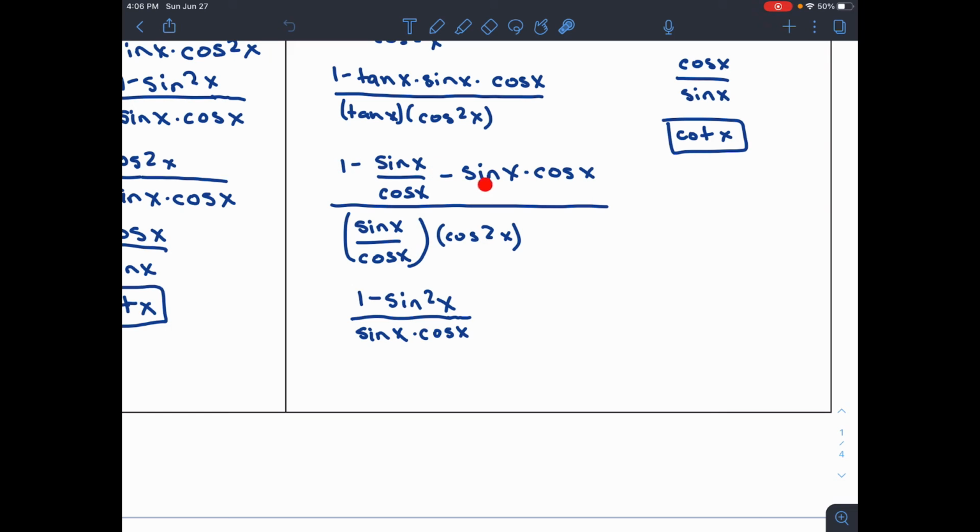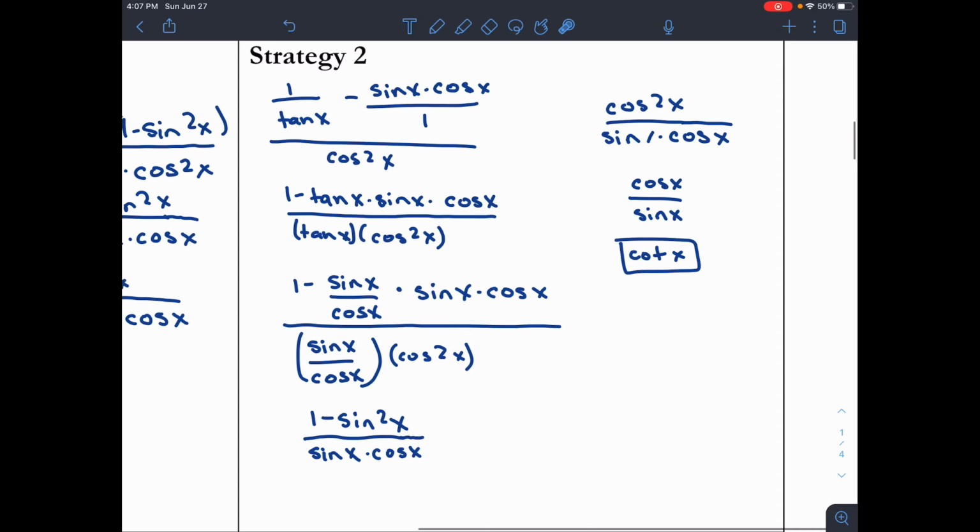And then in this numerator, this cosine x would also be canceled out, and this would be a multiplication sign. Actually, I don't know why I put the subtraction. So what we have left is 1 minus sine x times sine x. So this equals sine squared x. So this is our numerator and denominator. We have 1 minus sine squared x over sine x times cosine x.